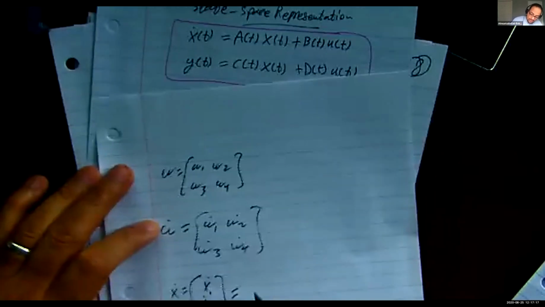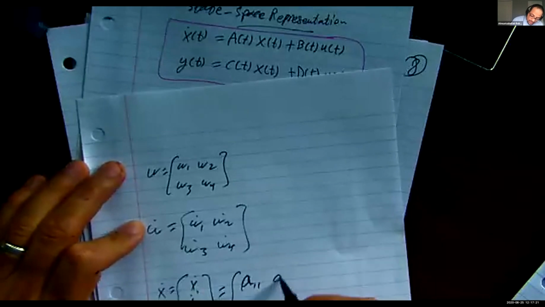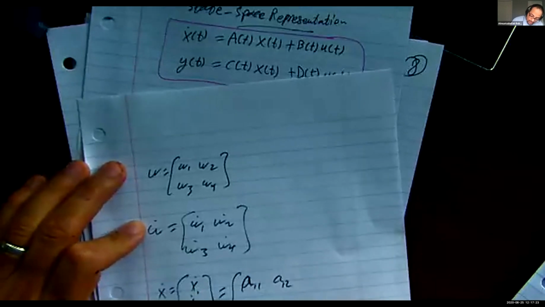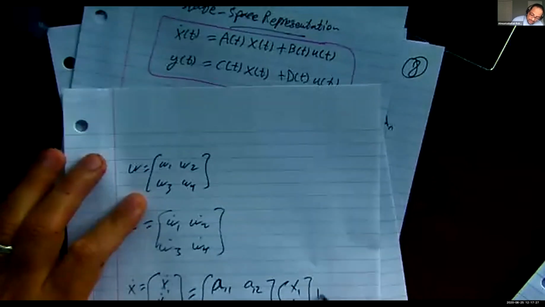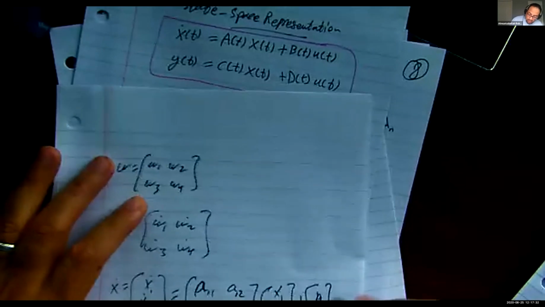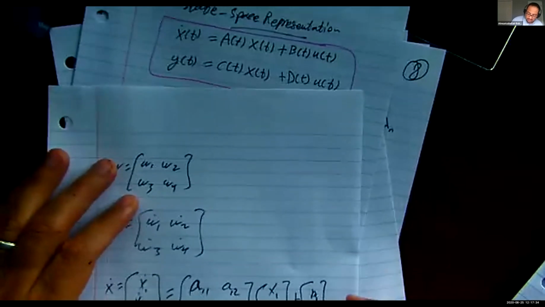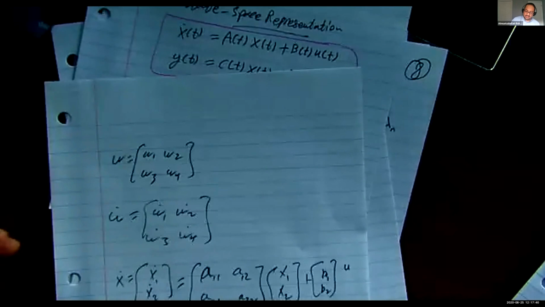This one could be an example of A11, A12, A21, A22 times x1, x2, plus B1, B2 times u. u could be a scalar, so let's take it as a scalar, just u1.